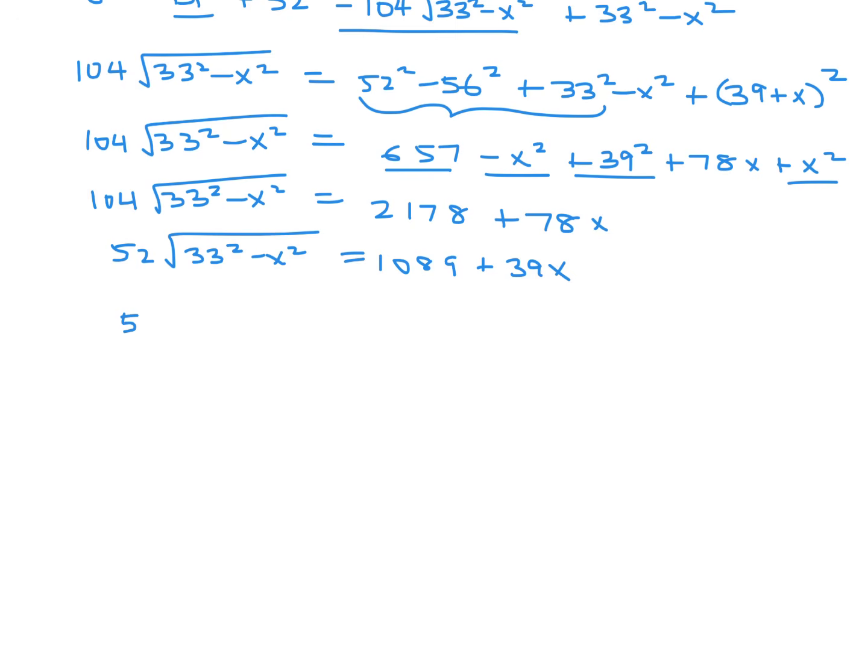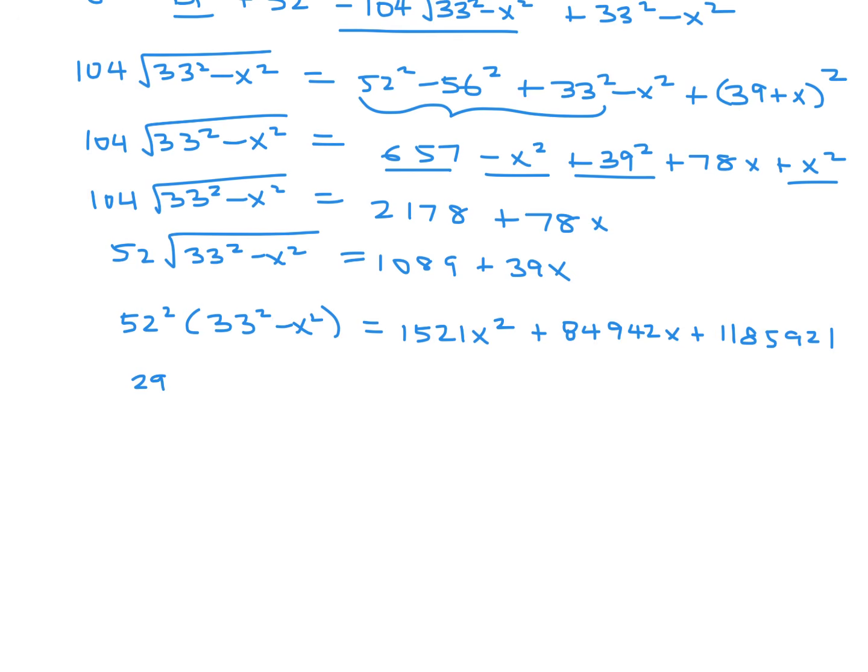So this is going to be 52 squared times 33 squared minus x squared, and then if we square the other side, 1521x squared plus 84942x plus 1185921. Oof. Okay, so let's expand this guy. 2944656 minus 2704x squared, and then this whole thing.